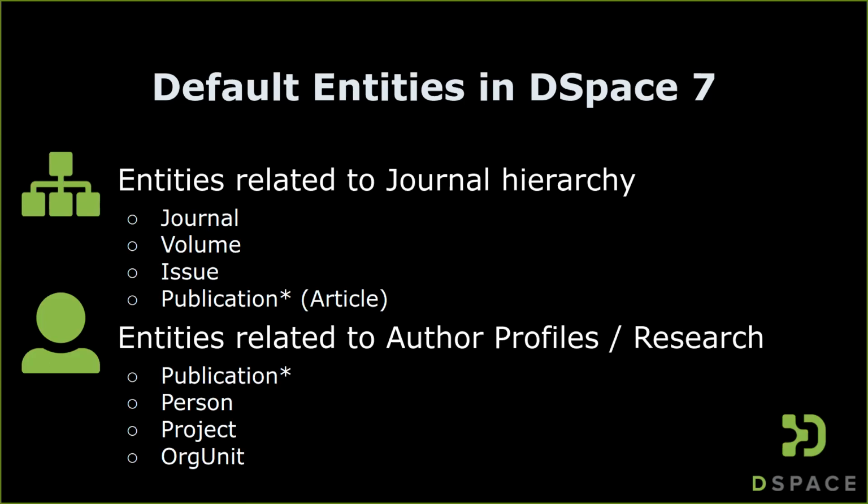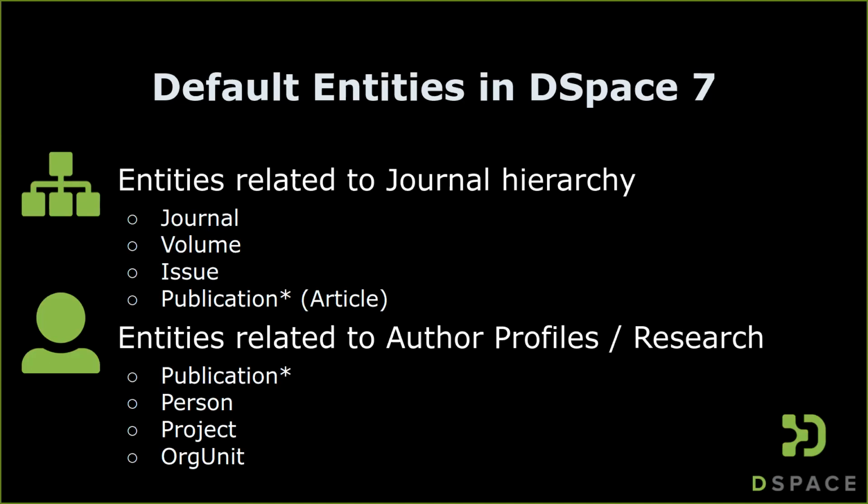And those parts of the organization can be embedded within themselves. So an org unit can be a department that is also within a college, and that college is part of the university. You can define each of those as a unit of your organization, and you can define the projects and the people within those units, and you can then link them up to their articles. So keep in mind, all of these are items. So it's sort of a weird concept at first when you think about it.